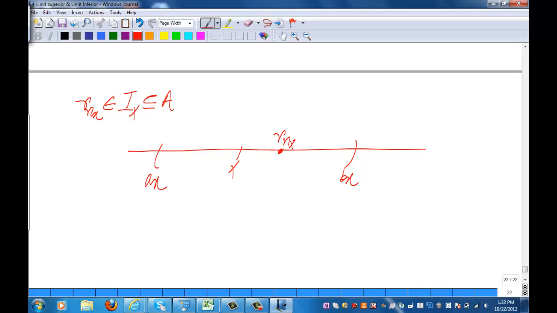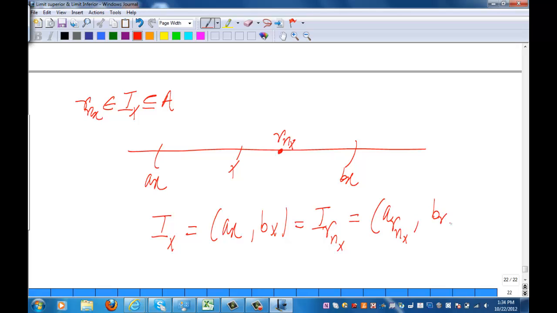Now, how do I know that I subscript x, which is from ax to bx, is the same as I_Rnx, which would be a_Rnx to b_Rnx? Maybe I shouldn't have used so many subscripts here.